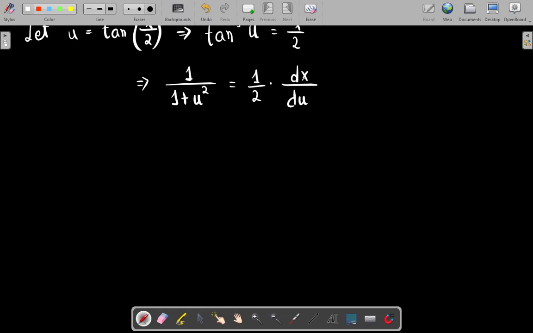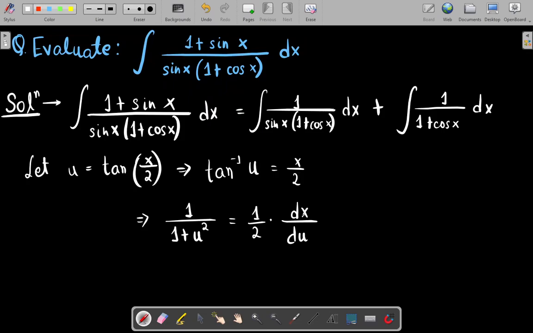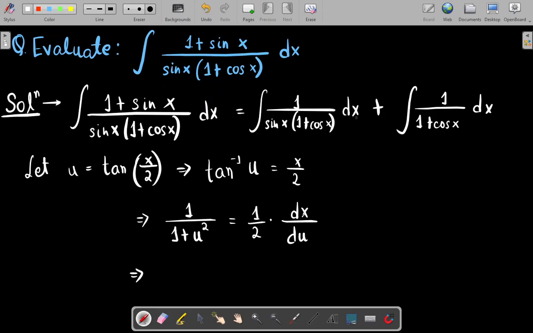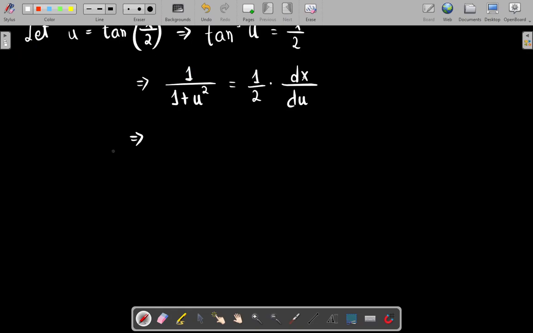We are deriving with respect to u, so this becomes dx upon du. Now, on applying the chain rule, in this integral we are required to substitute dx in terms of u. So we have 2 upon (1 plus u square) times du is equal to dx.